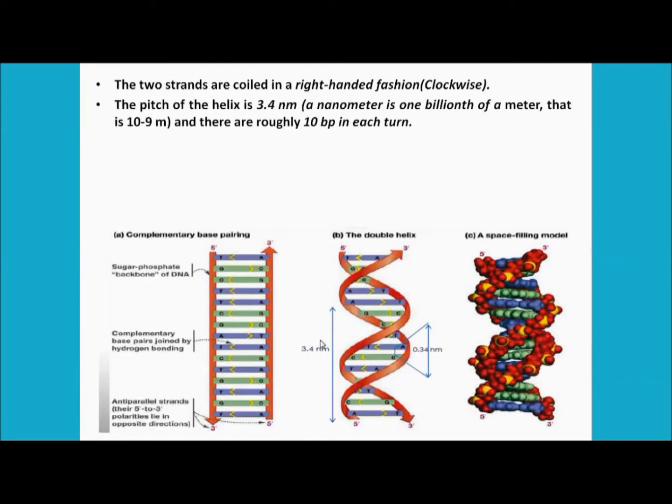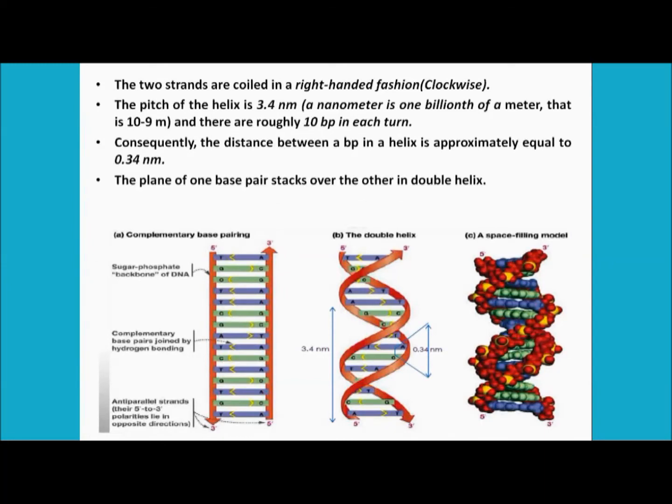So the distance between each base pair will be 0.34 nanometer, right? Consequently, the distance between base pairs in a helix is approximately this. You see, these are the base pairs, right? The distance between the base pairs is 0.34 nanometer, and the pitch of the helix is 3.4 nanometer, right? The planes of the base pairs stack over one another in the double helical structure.